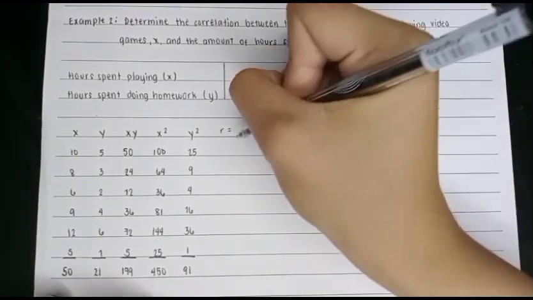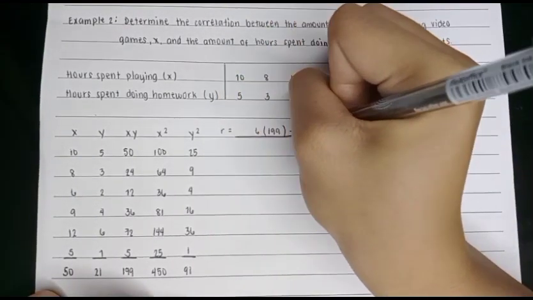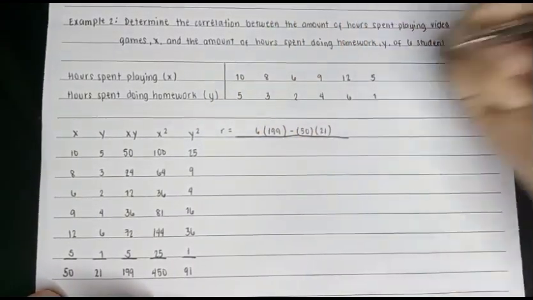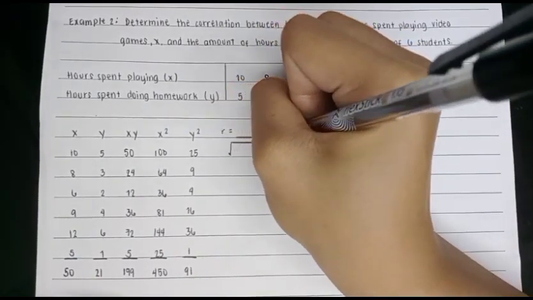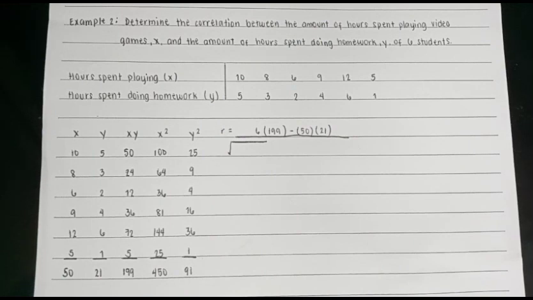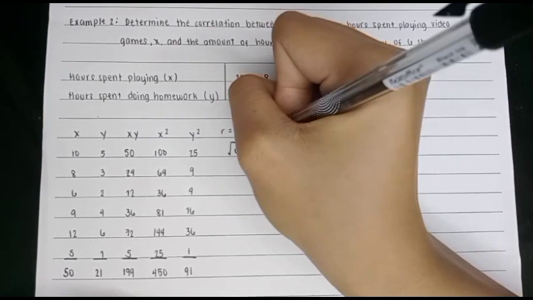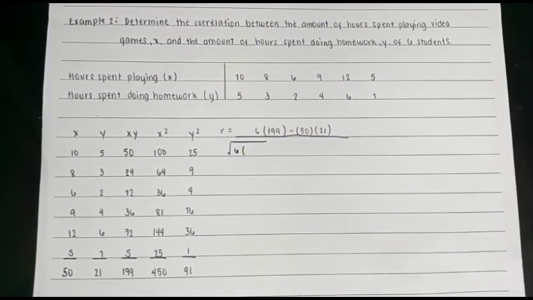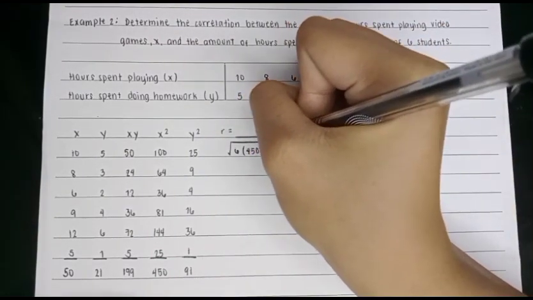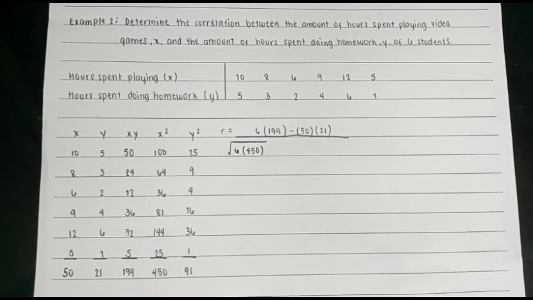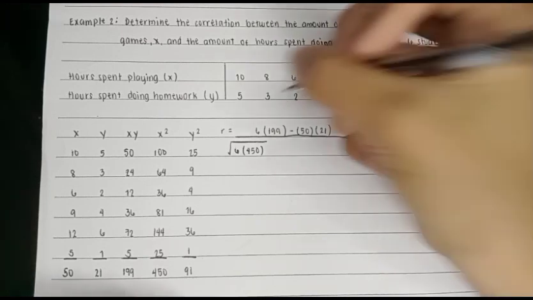Then multiply the sum of our y, which is 21. Overall, square root of 6 or the value of our n multiply the sum of x squared, which is 450, minus the sum of our x, which is 50, then squared.